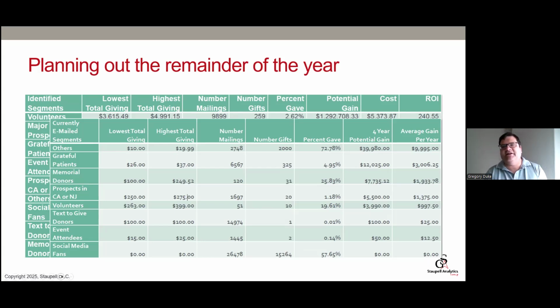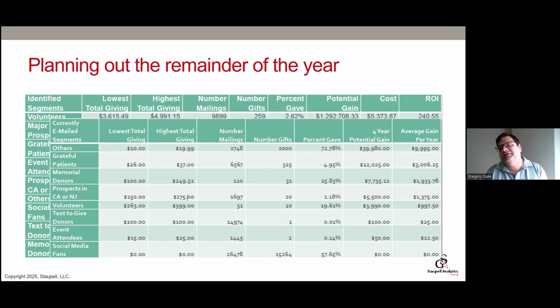This is something that Marianne and I put together some time ago that also includes ROI, and I used a program called Microsoft Solver, which unfortunately we don't really have time to go into here, but essentially Microsoft Solver takes what you've raised last year and, using ROI, tries to see what you can raise this year.